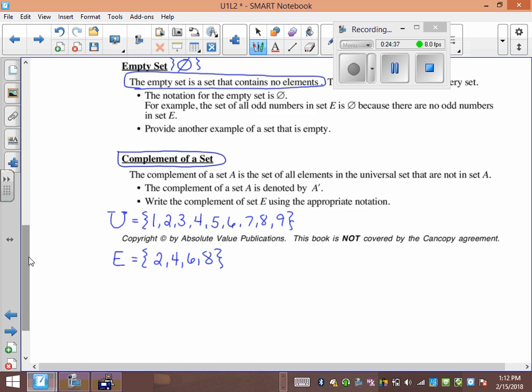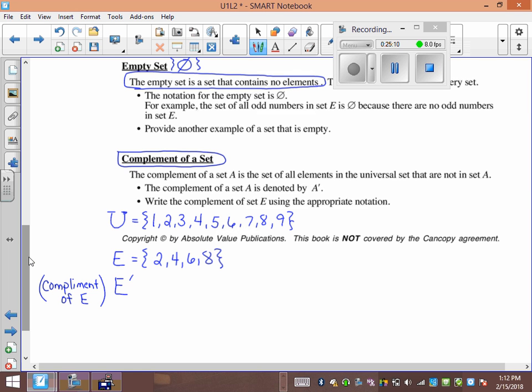The complement of something is the complete opposite of it. Okay? So if E has 2, 4, 6, and 8, the complement of E will have everything but 2, 4, 6, and 8. So that's why we need the universal set, or we actually don't know what the complement is. The complement of E is everything but 2, 4, 6, and 8.